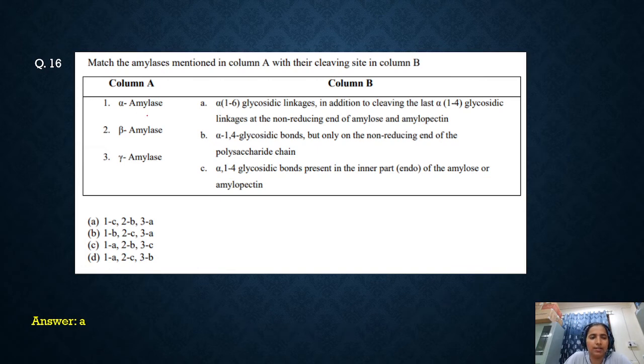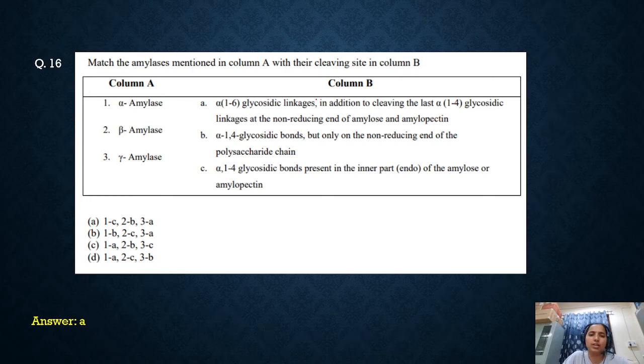What they have given is alpha amylase, beta amylase and gamma amylase. And what are the options given? Let's read. The first is alpha 1,6 glycosidic linkage, in addition to cleaving the last alpha 1,4 glycosidic linkage at the non-reducing end of amylose and amylopectin.